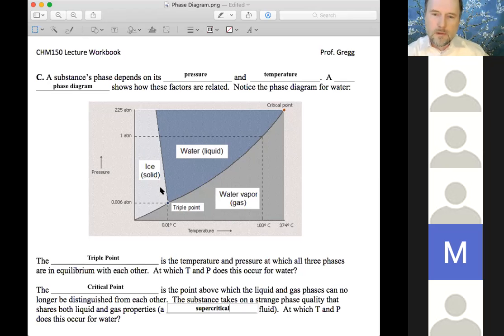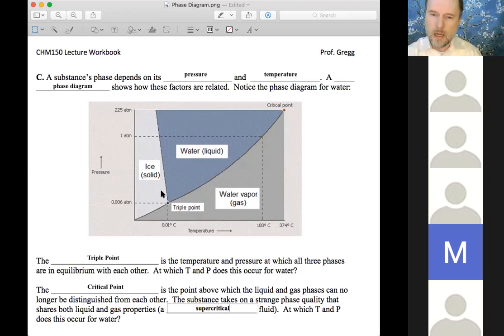Well, look what happens to water when I increase the pressure on solid water. And I move up this scale, increasing the pressure, going up, up, up, up. And look what happens. I cross the phase boundary and suddenly the water sample liquefies. That is very uncommon. It's very uncommon to add pressure to a solid and have it turn into a liquid.